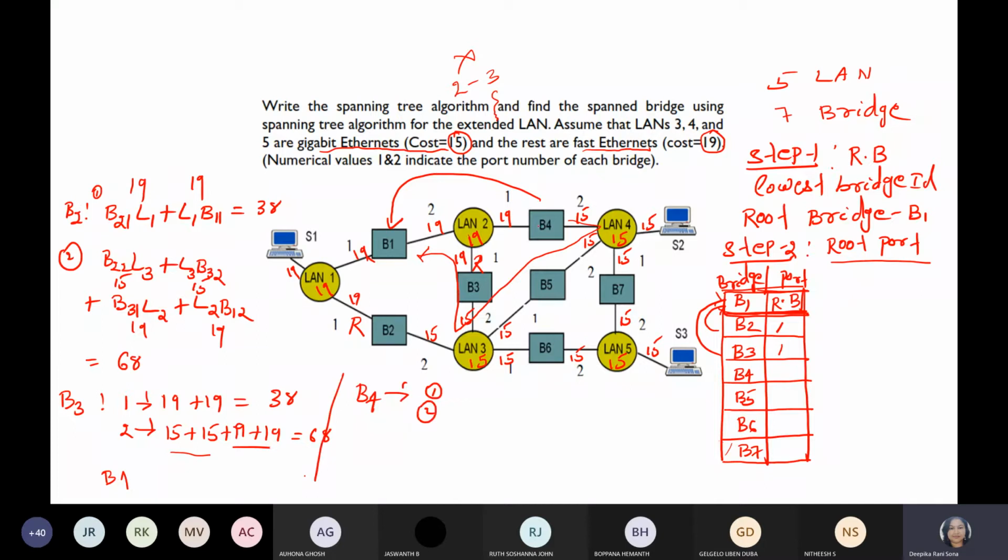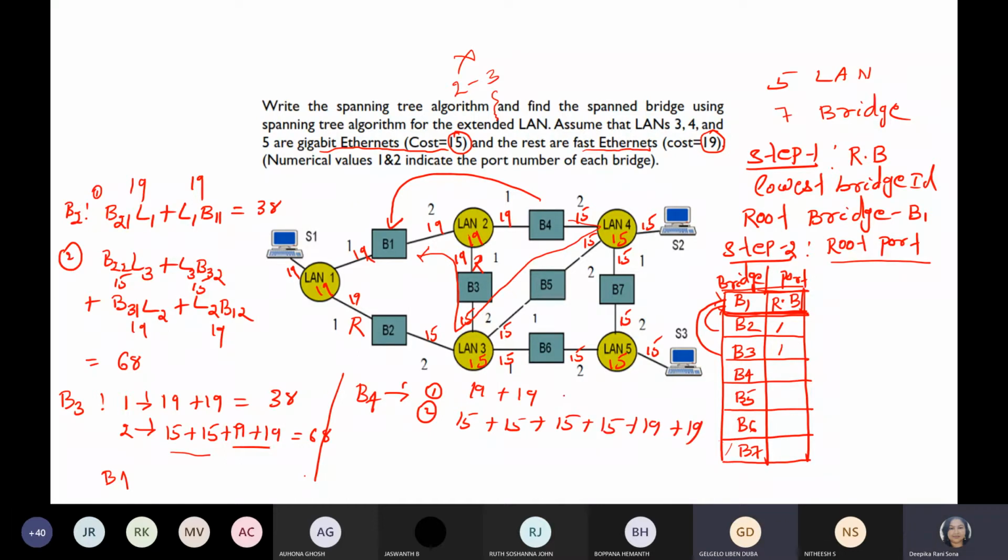What is the path 1 cost? 19 plus 19. And the second path? 15, 15, 15, 15. There are four 15s and two 19s, 60 plus 38.